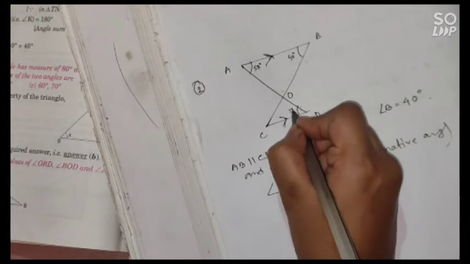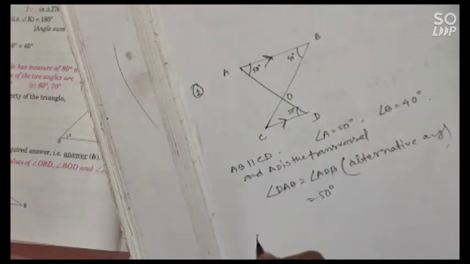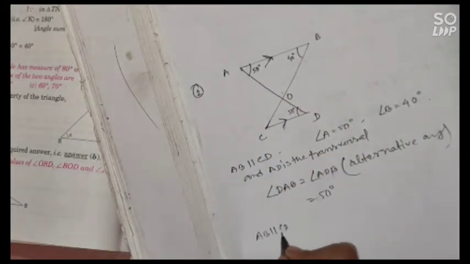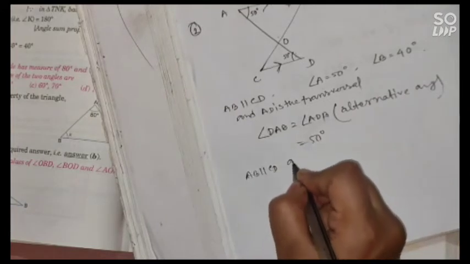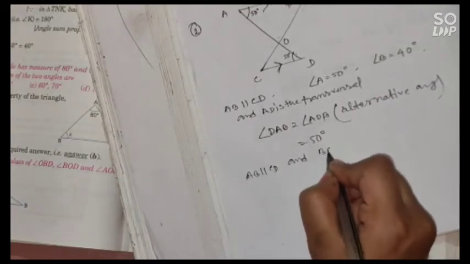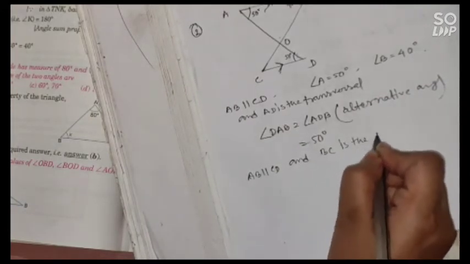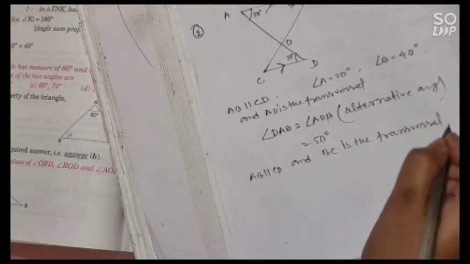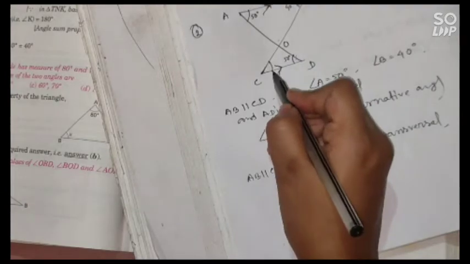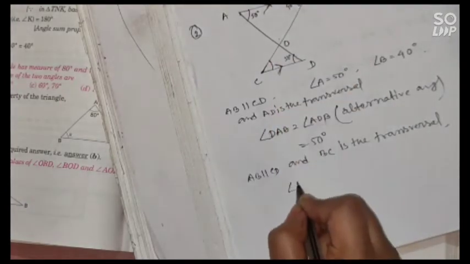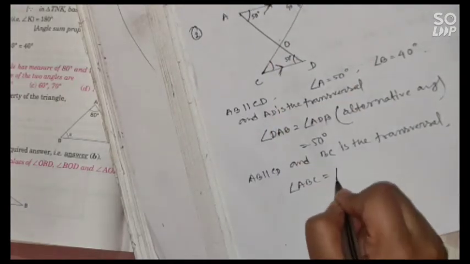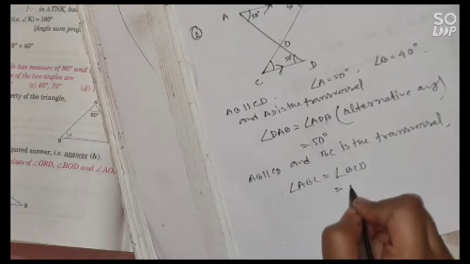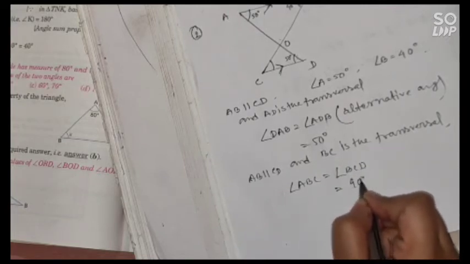So this value is 50 degrees. Similarly, since AB is parallel to CD and BC is the transversal, this angle is equal to this angle because these are alternate angles. Angle ABC equals angle BCD equals 40 degrees.